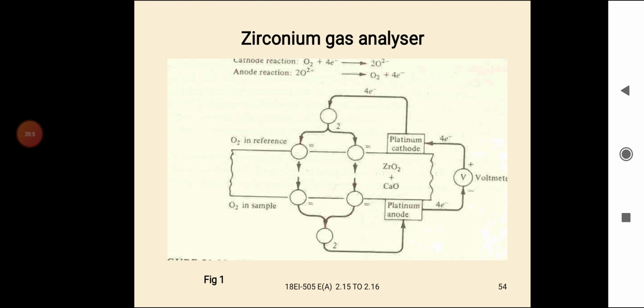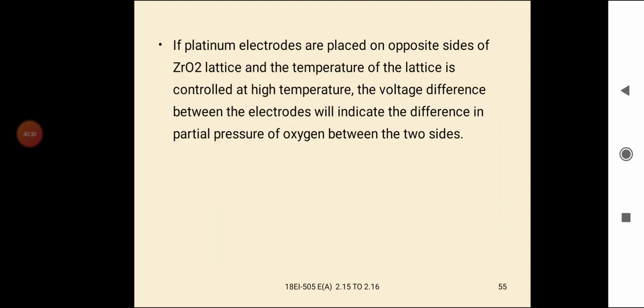At the cathode reaction electrons are released, and holes are created in the lattice of zirconium oxide. Due to these oxidation reduction reactions, a current flows and a potential is generated, which is measured by a voltmeter.